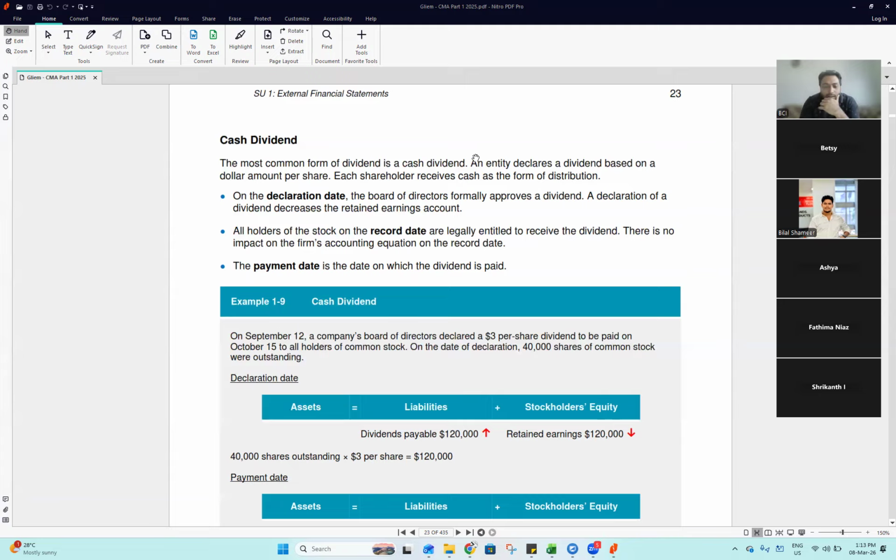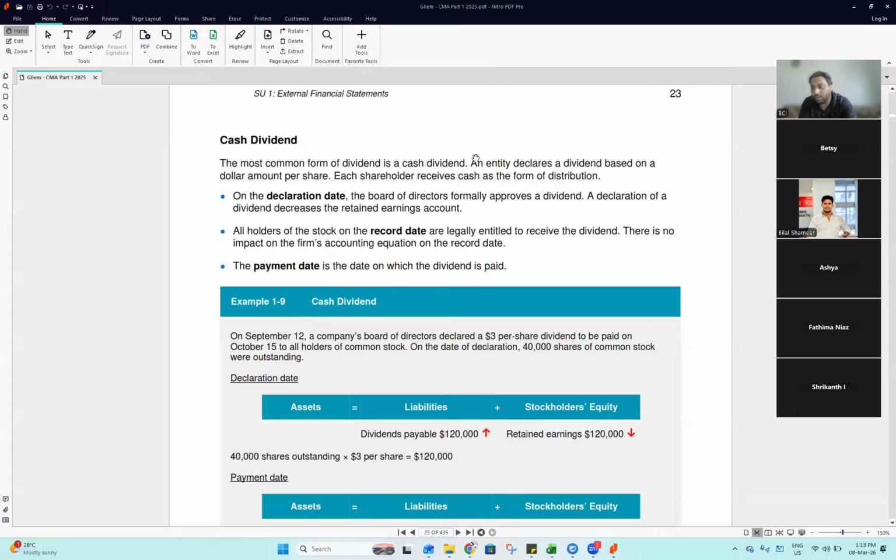Now, as we know, shareholders can't ask for dividends. They don't have any right to ask for a dividend. The only thing they can do is vote in the AGM and remove the directors, correct? So once the board of directors declares the dividend, only then does it become a legal obligation for the organization.